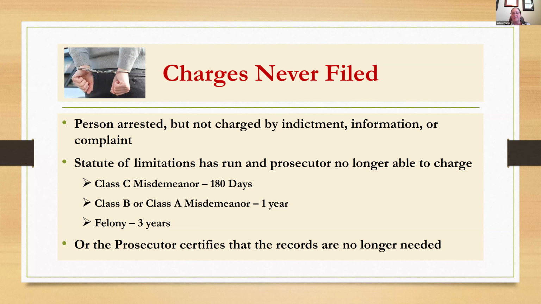There are some that are 5, but those are generally the ones you're not eligible for. Now, also the prosecutor can certify that the records are no longer needed. Again, best of luck with that. They generally don't agree to that. They'd have to know that they're never ever going to prosecute this matter, and we'll see how that goes.